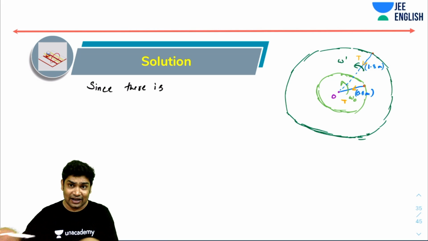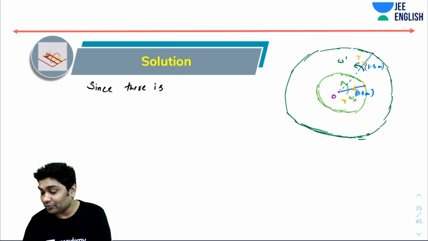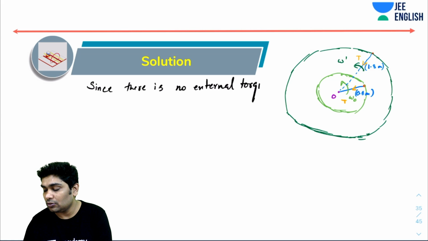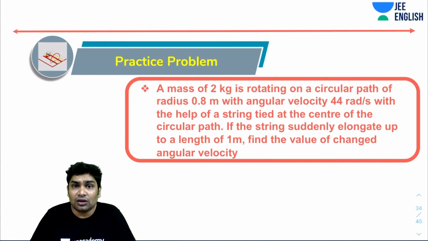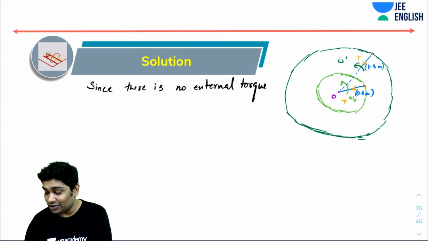Okay, so this entire setup is in a horizontal plane, by the way, not in a vertical plane. So that is why we are ignoring mg. In case you're wondering, there is no external torque on the point mass about O. So let's consider that point mass.